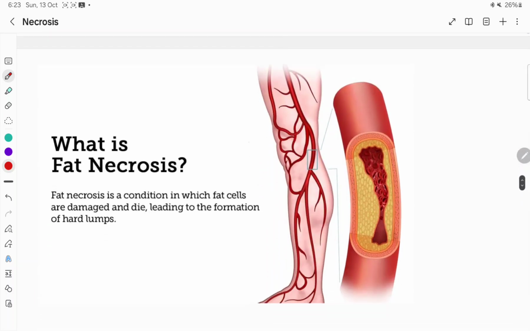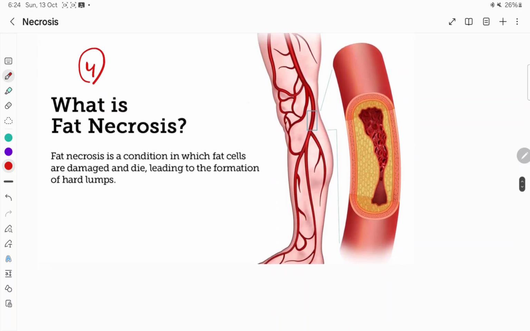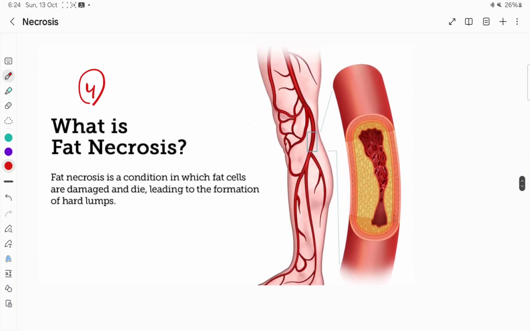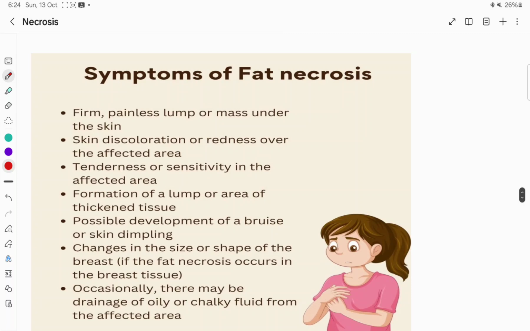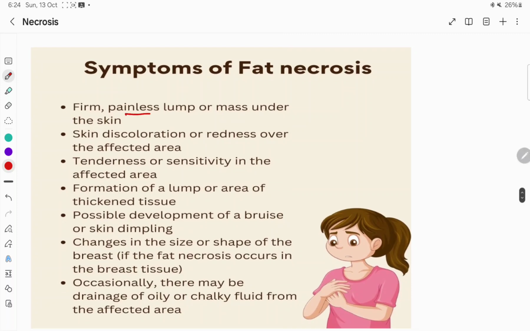Then the fourth type is the fat necrosis, a condition in which fat cells are damaged and die, leading to the formation of hard lumps. The main symptom is a painless lump or mass under the skin caused due to fat necrosis, and there is skin discoloration or redness.